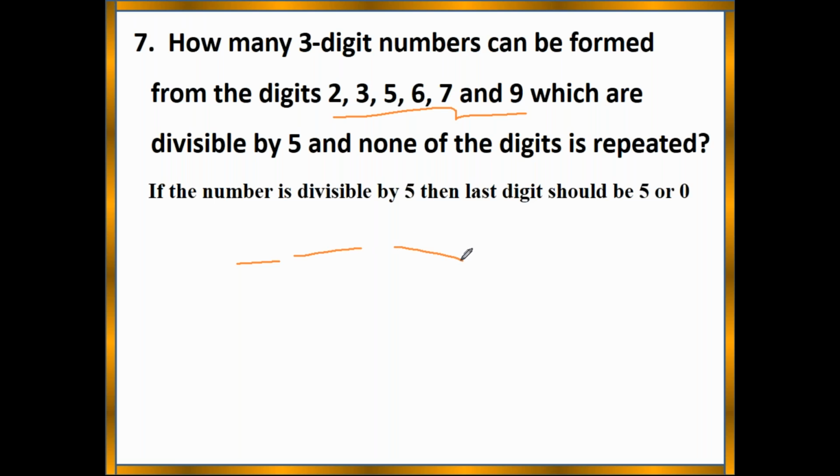That 3-digit number should be divisible by 5. So whenever the number is divisible by 5, the last digit should be 0 or 5. Is there any 0? No, sir. Compulsorily, the last digit is 5. It's a fixed place, ma.